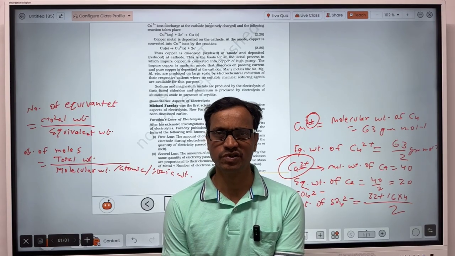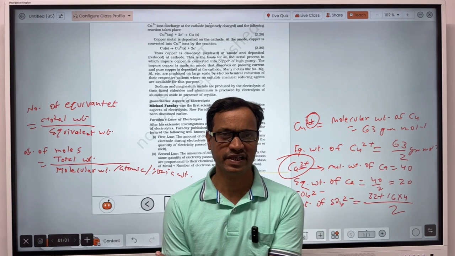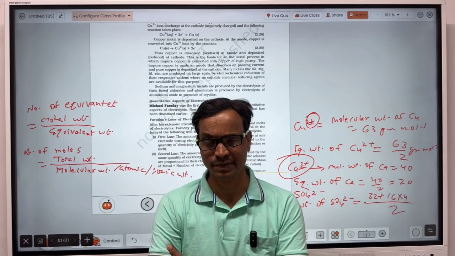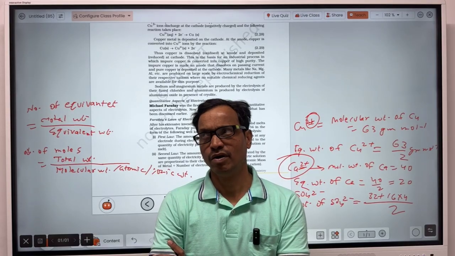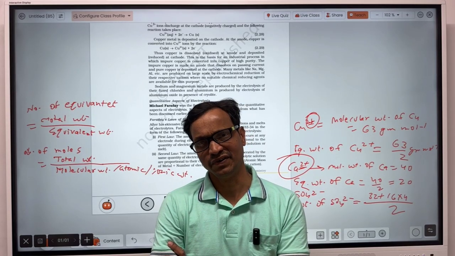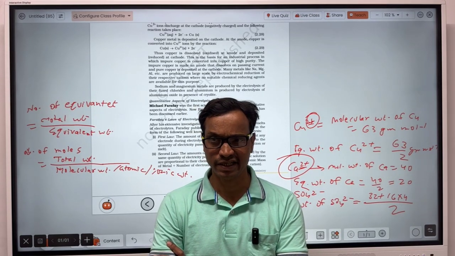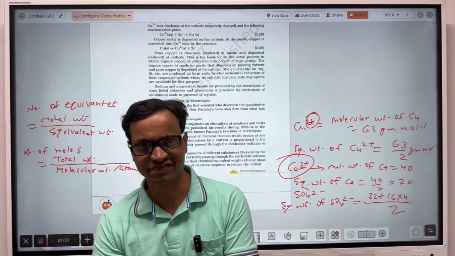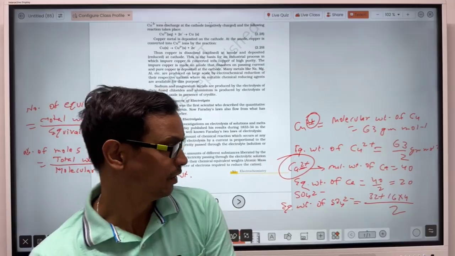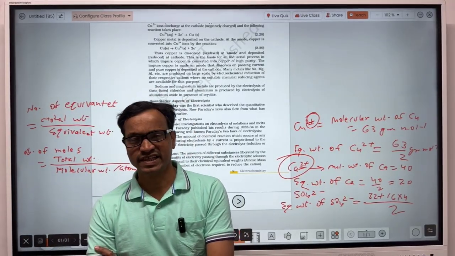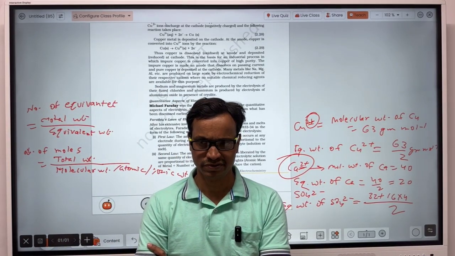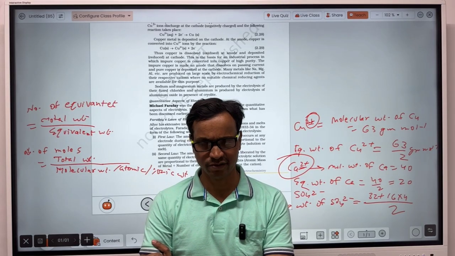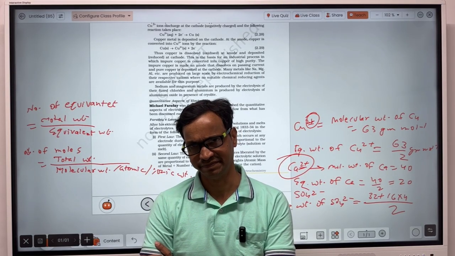If we pass more charge, then more cation will deposit at the cathode, or more will come out from the anode. Faraday's first law states that the reactions taking place at the respective electrodes will be directly proportional to the quantity of electricity passing through the solution.